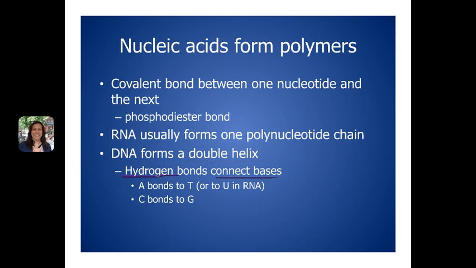The adenine base bonds to the thymine base. If it is a DNA to an RNA, or if it is in an RNA part that is double-stranded, adenine will bind to uracil, and cytosine is going to bind to guanine.